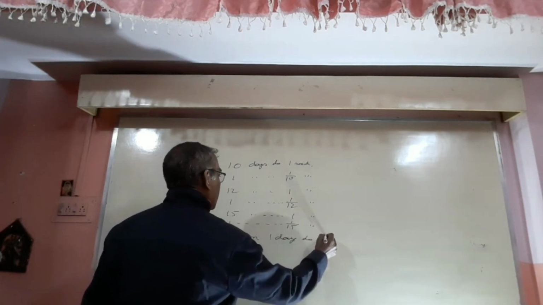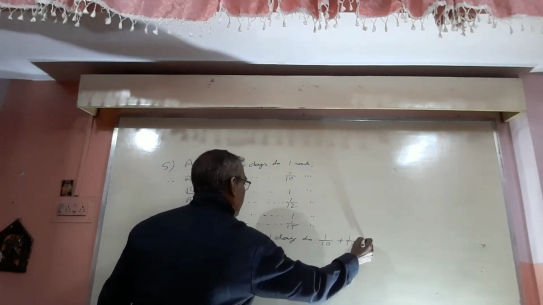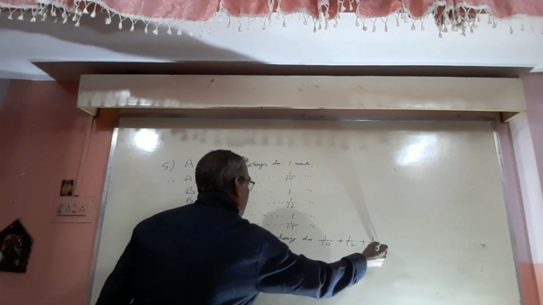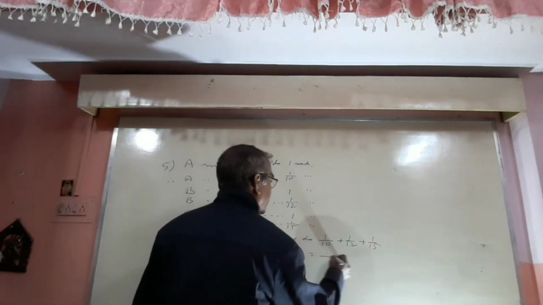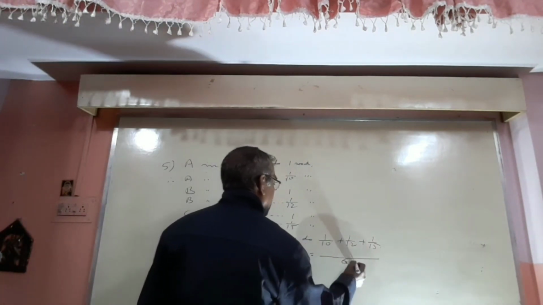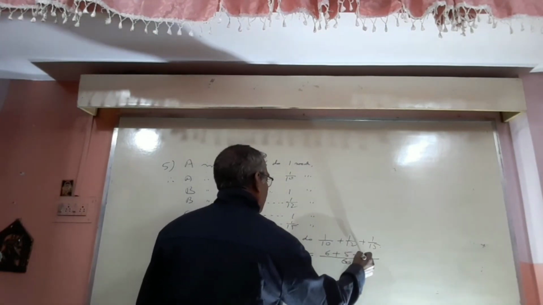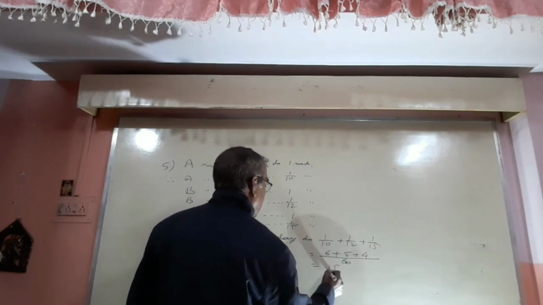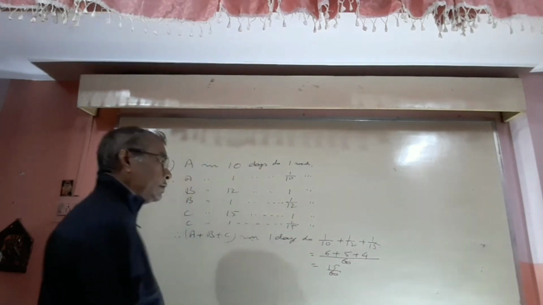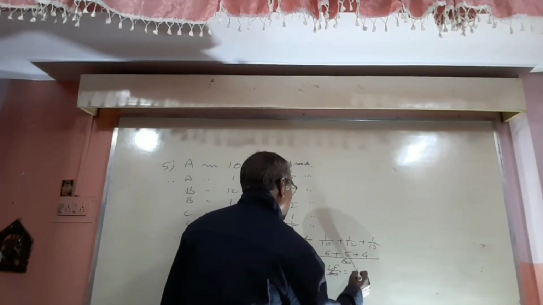Addition of these 3: 1 by 10, 1 by 12 and 1 by 15. So again 60 is the LCM. So 10 sixes are 60, 12 fives are 60, 15 fours are 60, which is equal to 6 plus 5 plus 4, 15. 15 by 60, which is equal to 1 by 4.